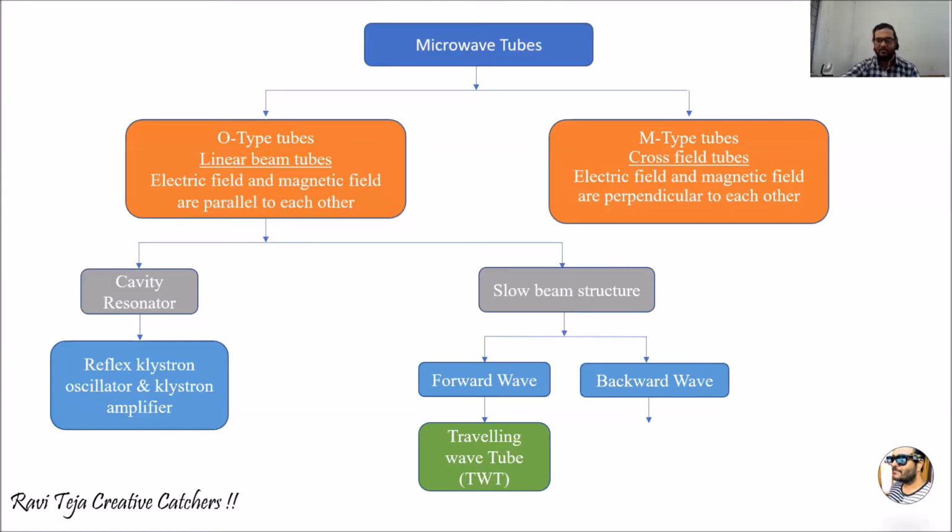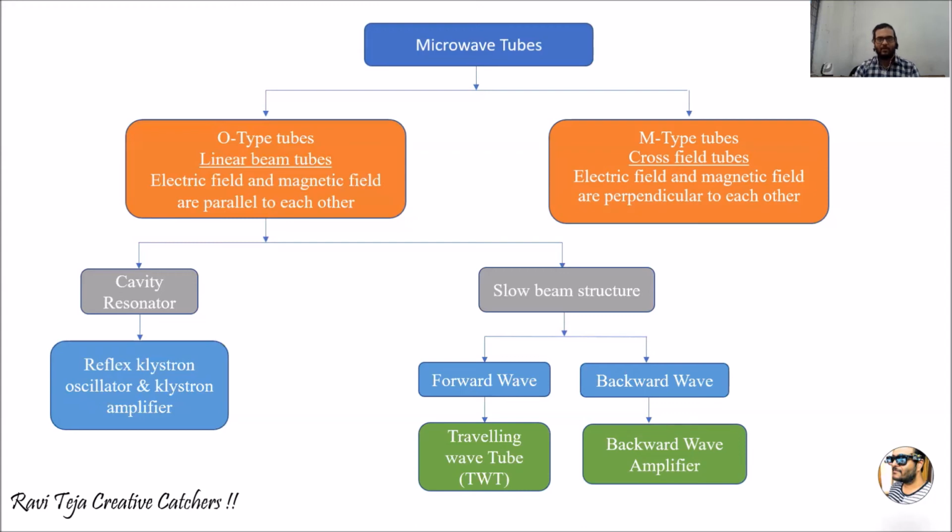And in the backward wave, we have the backward wave amplifier, which is used for amplification, or for strengthening the signal. All these O-type tube classifications we will see in this unit, and the M-type tubes we will see in further units.